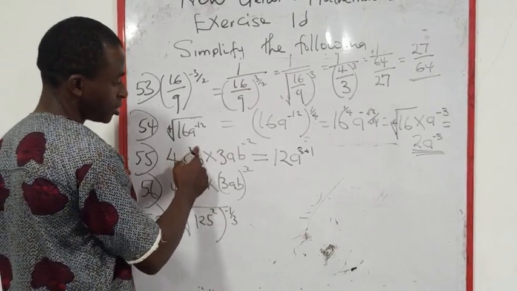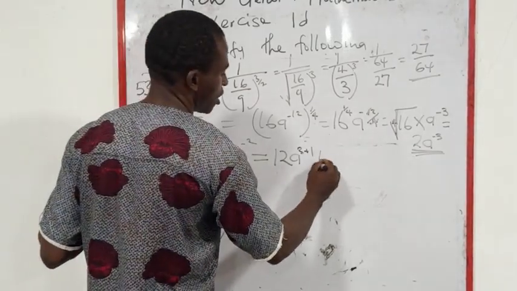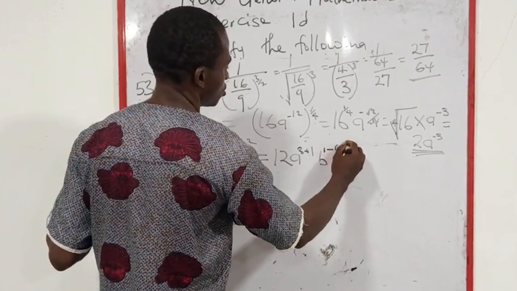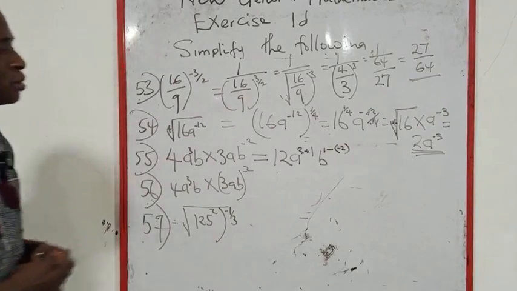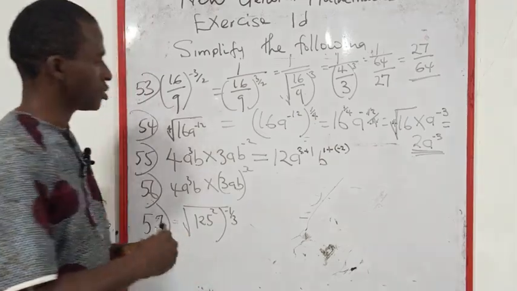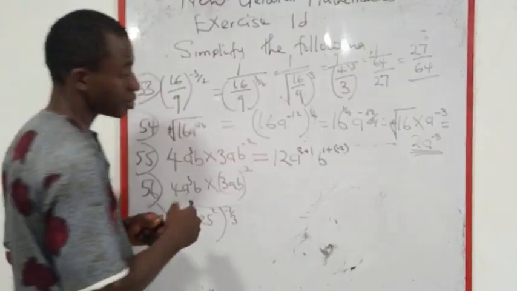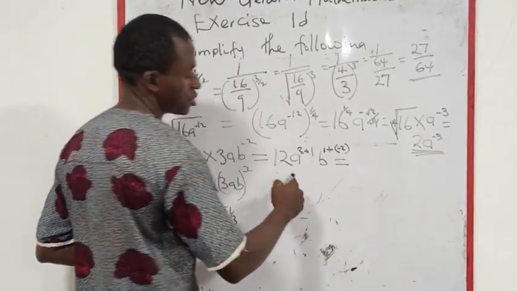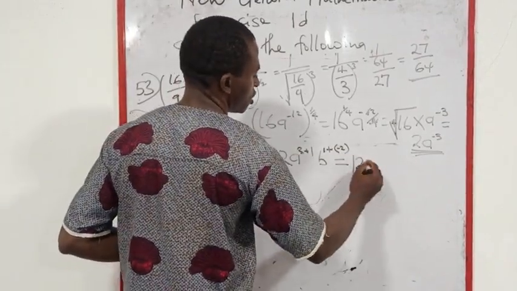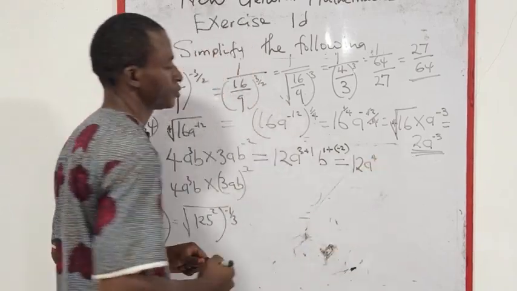Then b, invisible 1 is here, this one is minus 2. So now b, 1 plus minus 2. Sorry, 1 plus, not minus, because it's plus minus 2. And what we've been doing since, you notice, now 12a raised to power 4.